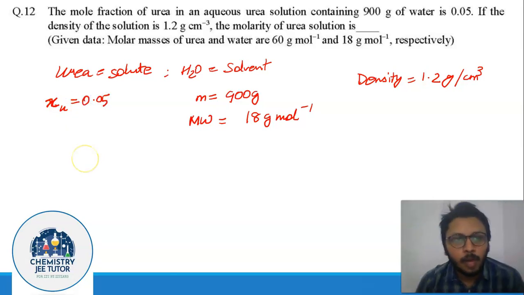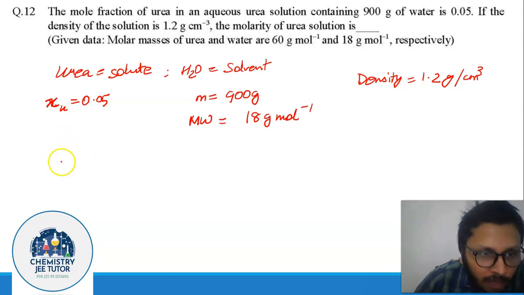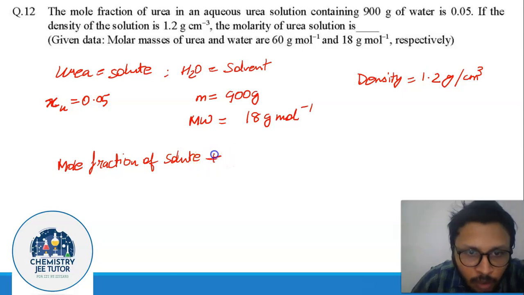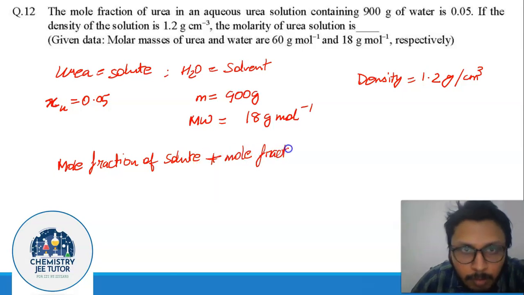Now, the rule we said is that the mole fraction of solute plus the mole fraction of solvent must be equal to 1.